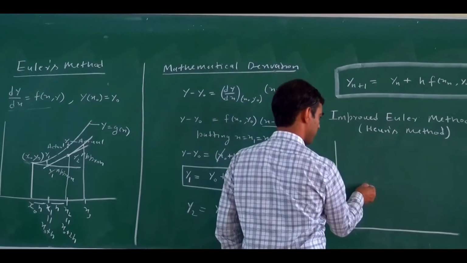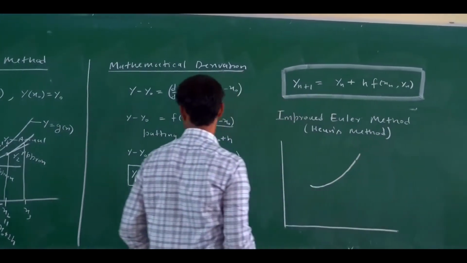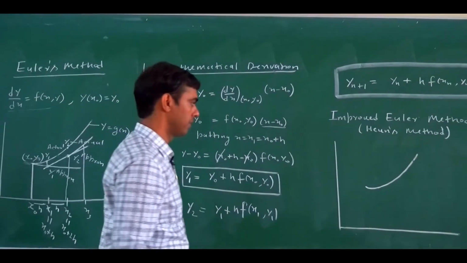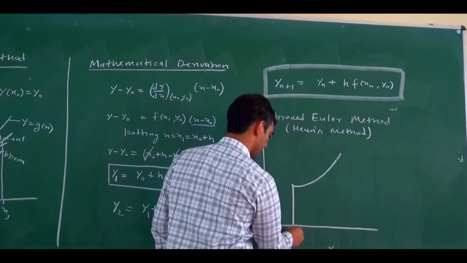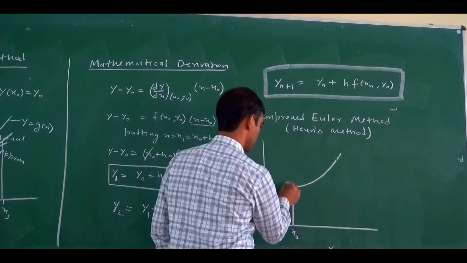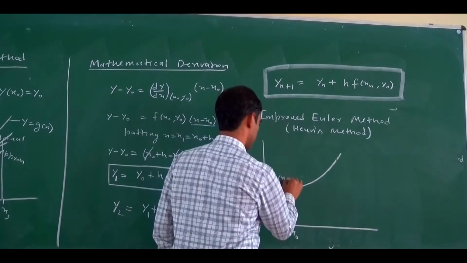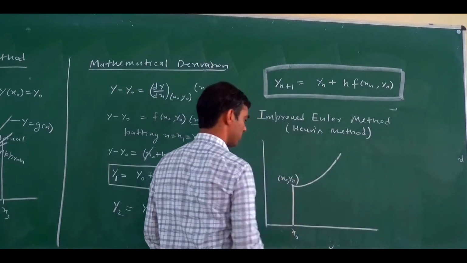In Heun's method, suppose this one is the actual solution, like in the Euler method. Here, this is the initial value (x0, y0).